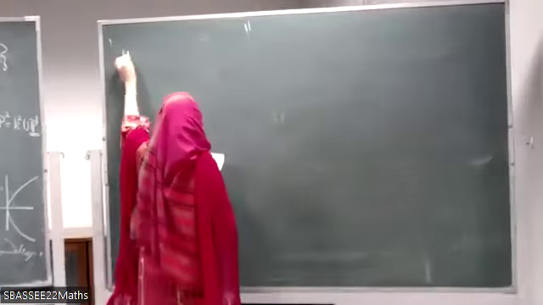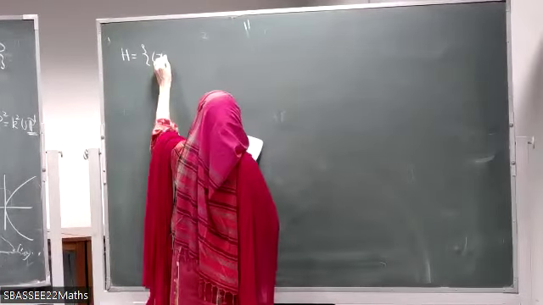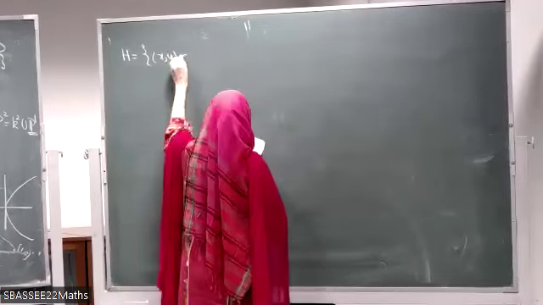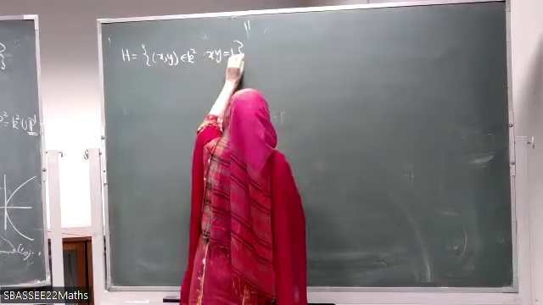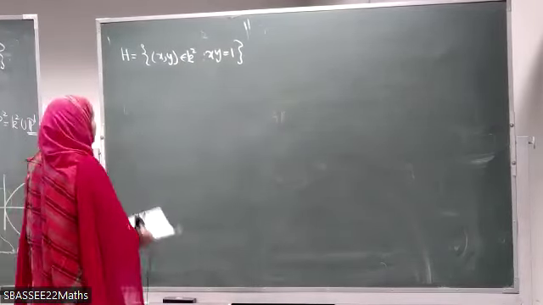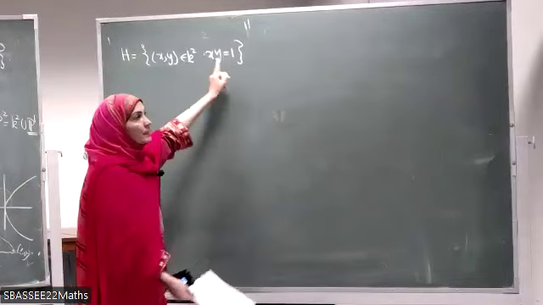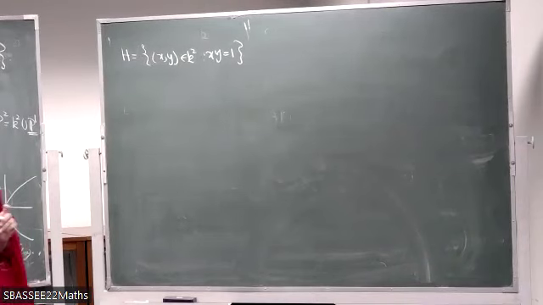So now we will consider our favorite example, which is the hyperbola. Remember, this was the hyperbola. You can see that here it is not a homogeneous polynomial. So I will homogenize this one.